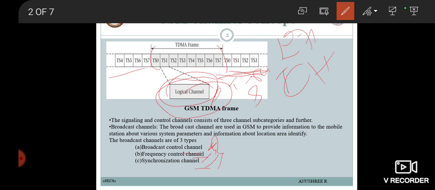Using the information transmitted over these three BCHs, the mobile station can tune to a particular base transceiver system and synchronize its timing with the frame structure and timing in that cell. Each time the mobile station attaches to a new BTS, it must listen to these three BCHs. At present, the timing of different GSM cells is not synchronized.